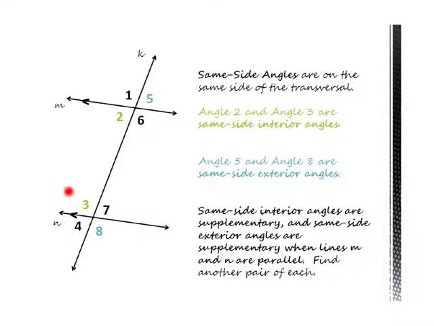Same side interior and same side exterior angles are supplementary to each other. So angle 2 plus angle 3 will equal 180 degrees. Angle 5 plus angle 8 will equal 180 degrees. Angle 6 and angle 7 are another pair of same-side interior angles. Angle 1 and angle 4 are another pair of same-side exterior angles.